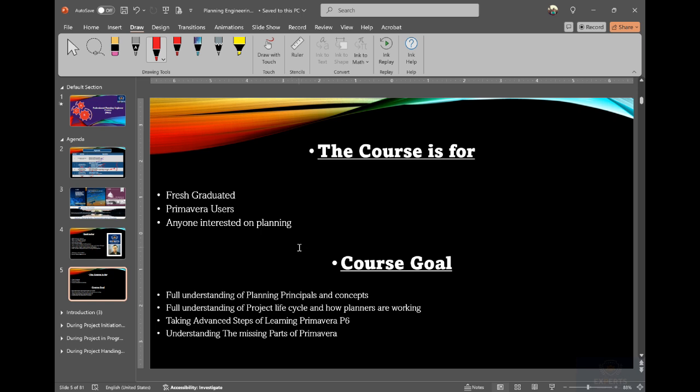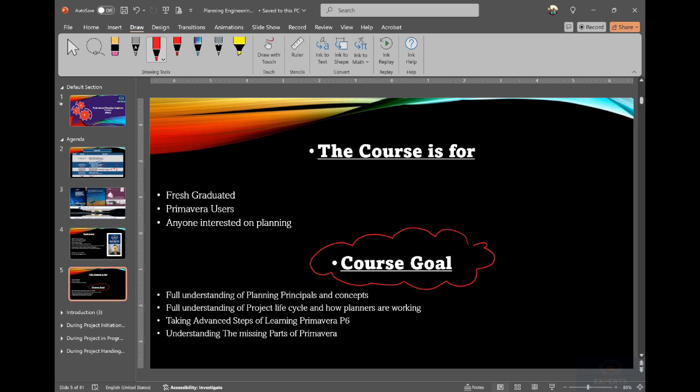Course goal: full understanding of planning, its principles and concepts. After this course you will get a full understanding of planning concepts and fundamentals. This is very important also. The course goal is the one you are looking for, so always try to understand what you will get from the course. Our course is full of knowledge and full of experience, which will give you the ability to take your step number one in planning work.